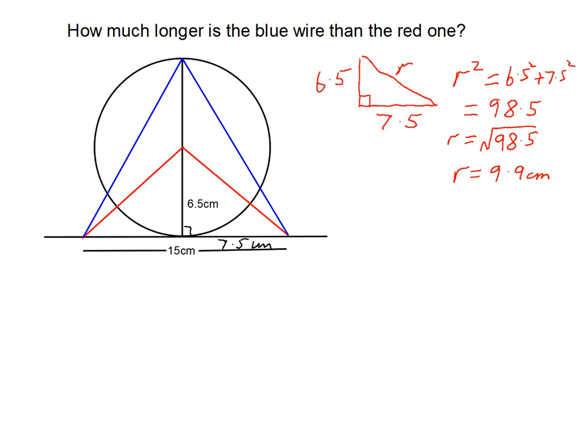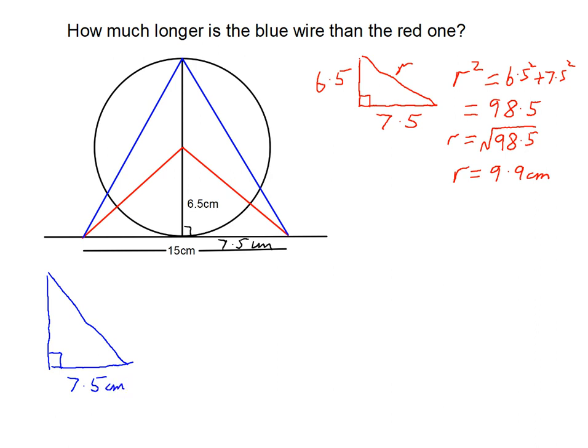Now we're going to do the same with the blue. We'll draw a triangle. When you're working these out, it's fine to do a freehand sketch of the triangle. The whole purpose of this is so that you know what is happening and you can communicate to the reader what you're doing.